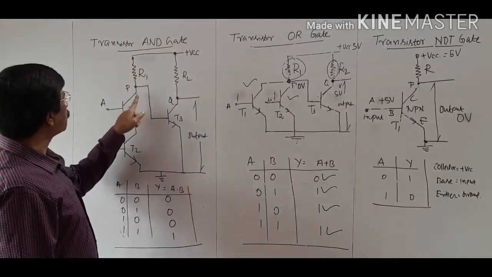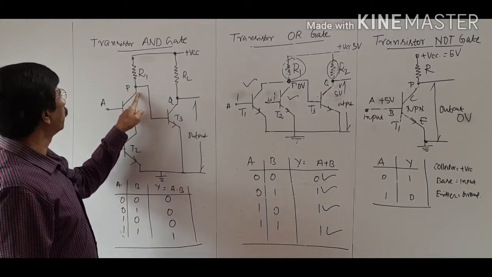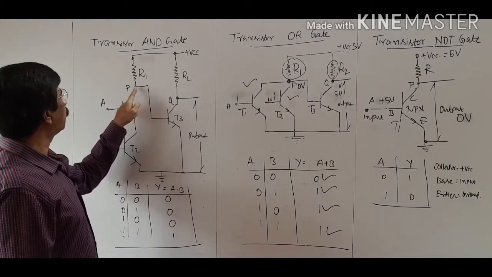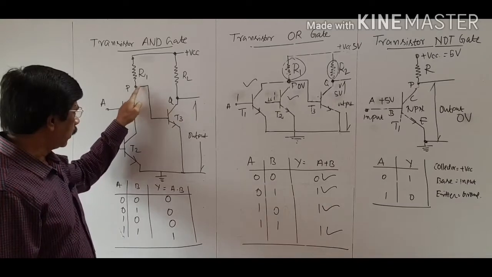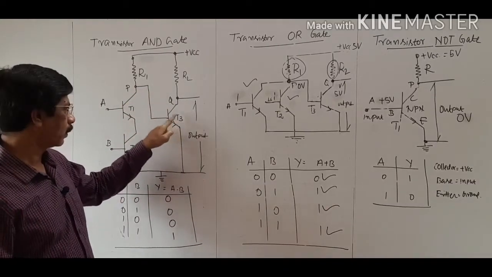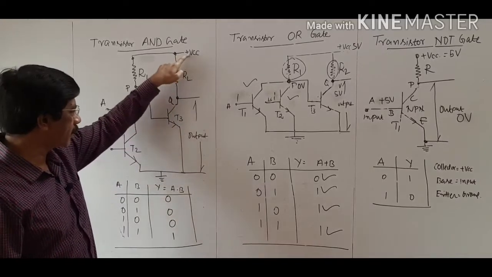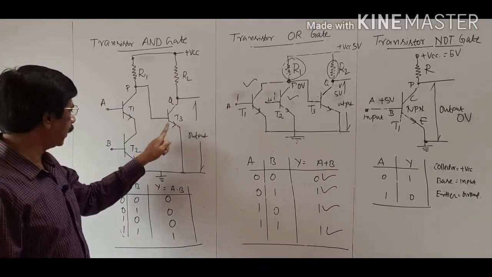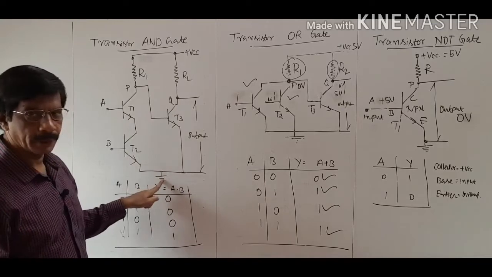The output of transistor T1, that is the collector junction, is given to the base of the transistor T3. The collector of T3 is connected to plus VCC, the emitter of T3 and emitter of T2 are grounded.